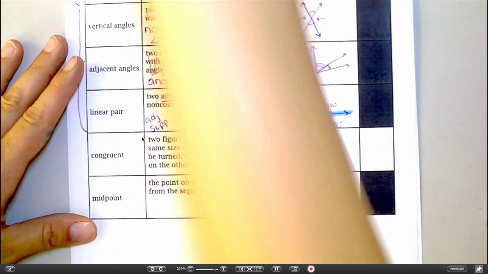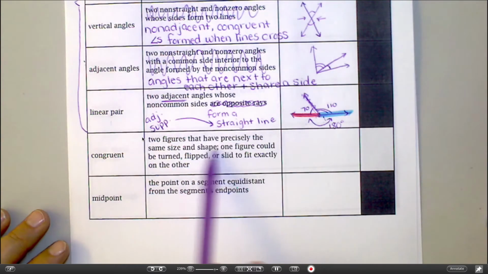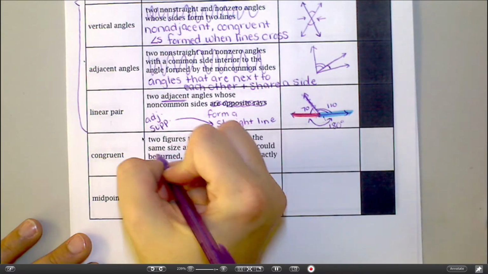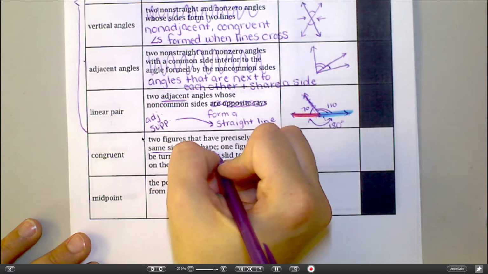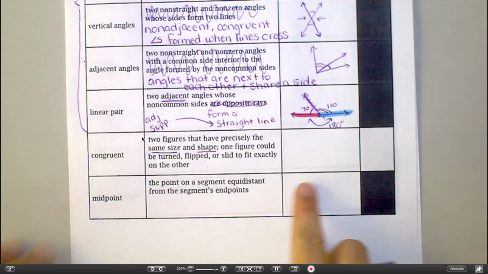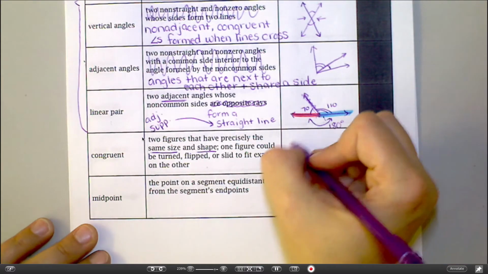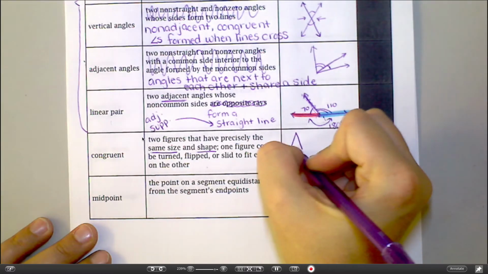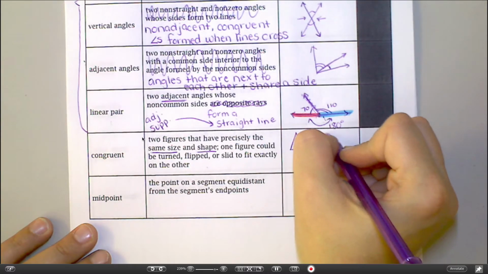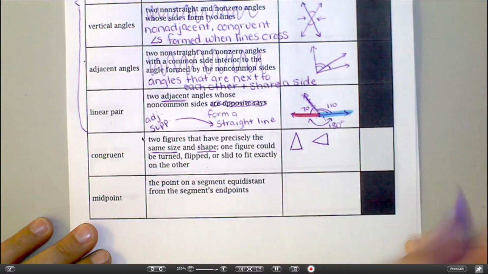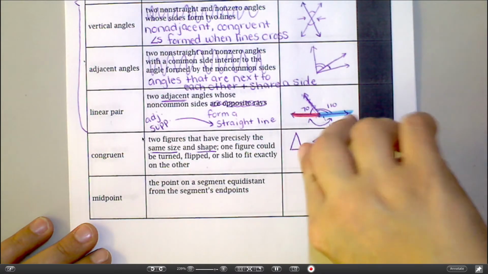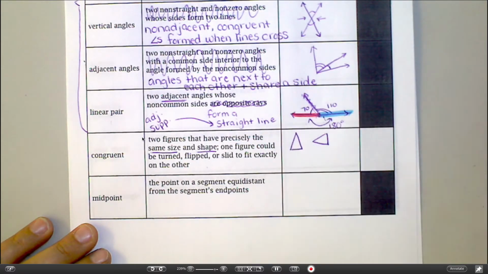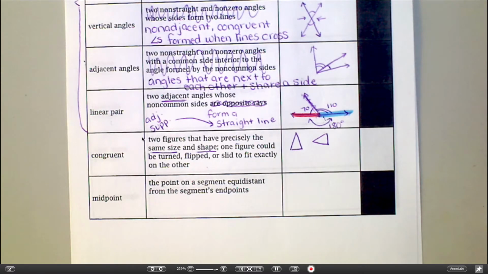This is actually a pretty good definition of congruent. The really big thing that I want you to know is that they're the same size and the same shape. If one of your triangles is drawn like this, and one of your triangles is drawn like this, if I could take this triangle and flip it around and lay it on top of this one and they would match up, they're still congruent.